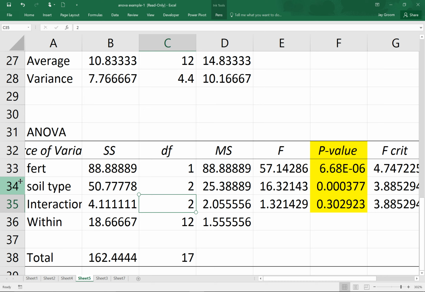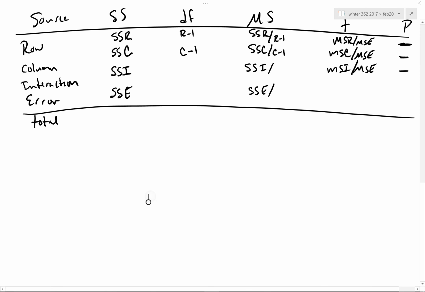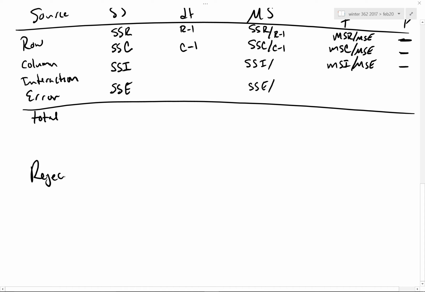So, is fertilizer important? Yeah, duh. Is soil type important? Wow, yes. Very important. 0.0003, that's huge. Is there any interaction? No. It's greater than 0.05. Okay? So, back to our data over here. Bottom line is, we're going to reject H naught. Fertilizer makes a significant difference in, I guess, heights is what they were.